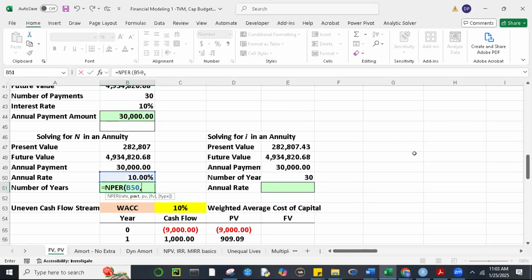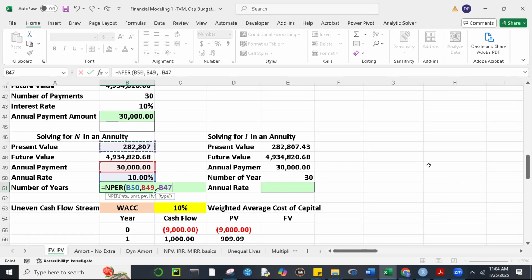Now you have two options here, class. But you will have to use only two cash flows because you're comparing two equivalent cash flows. So you do not put PMT, PV, and FV; these are all equivalent cash flows. Let's choose first PMT, 30,000 here, and let me use present value. Take note, Excel is very particular about the direction of the cash flow. If your annual payment is positive, then your present value should be negative.